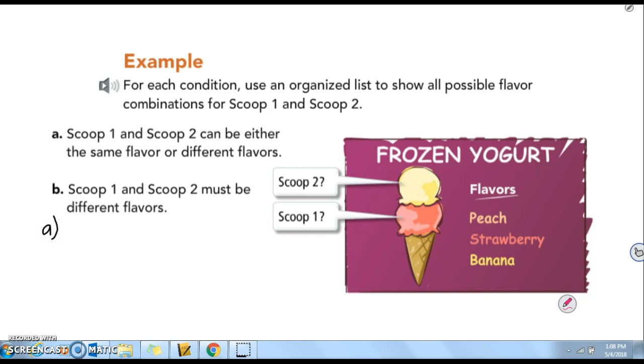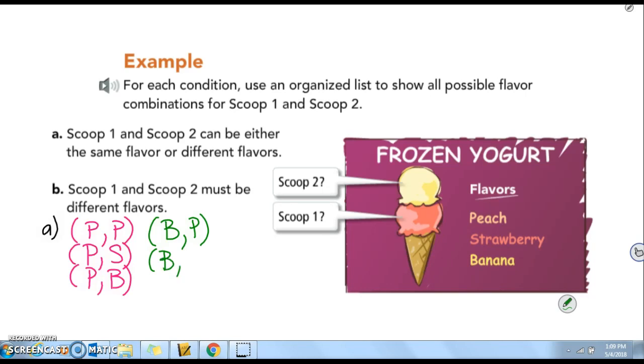if we began with Scoop 1 as being peach, Scoop 2 could also be peach because they can be the same flavor. Scoop 1 could be peach, Scoop 2 strawberry, peach, and then banana. We could also have our first flavor as banana, and then peach, banana, strawberry, or both flavors can be banana.